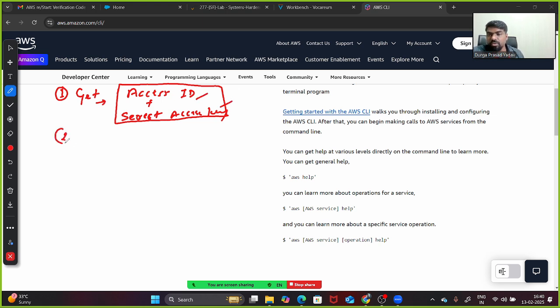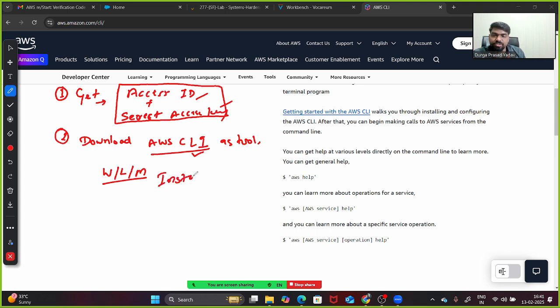Second thing, you have to download AWS CLI. This you have to download as a tool on your PC. AWS offers AWS CLI for Windows, and for Linux and Mac OS you can also download it. Once you download it, you will install it.